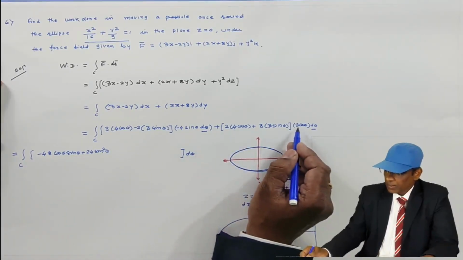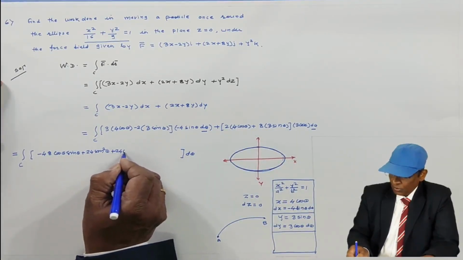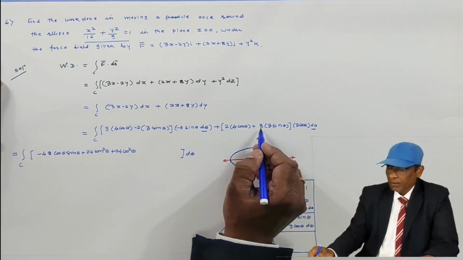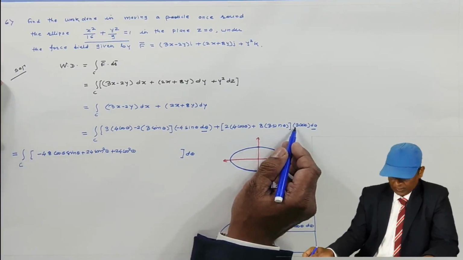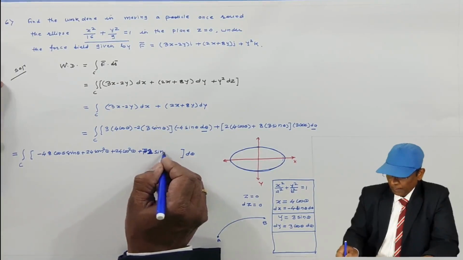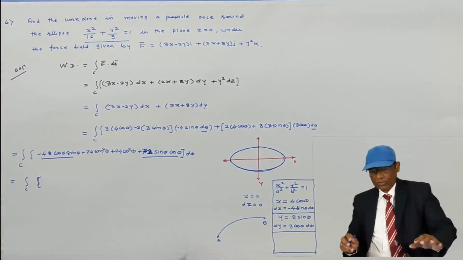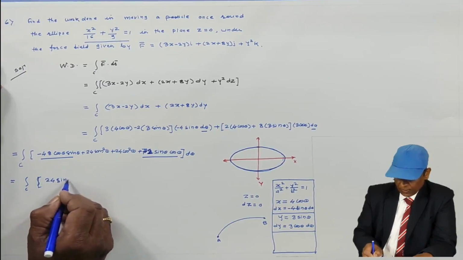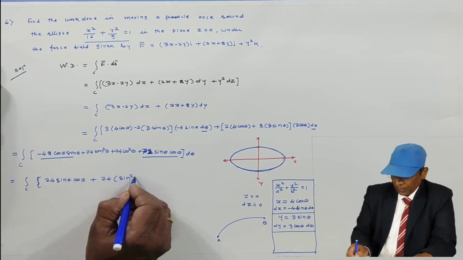This multiplied by this is 8 into 3, 24 cos square theta. And here 8 into 3, 24, multiplied by 3, 72 sin theta cos theta. For the integral, 72 sin theta cos theta minus 48 sin theta cos theta is 24 sin theta cos theta, plus 24 is common here, sin square theta plus cos square theta, d theta.